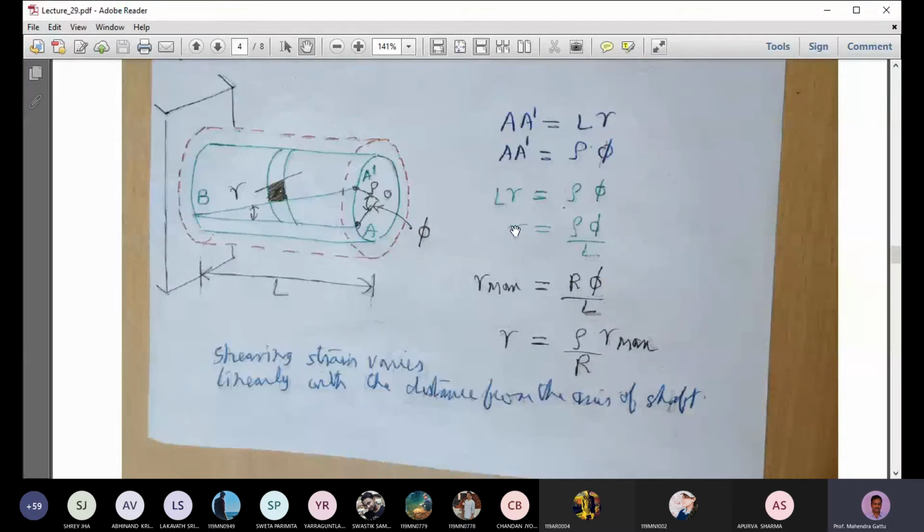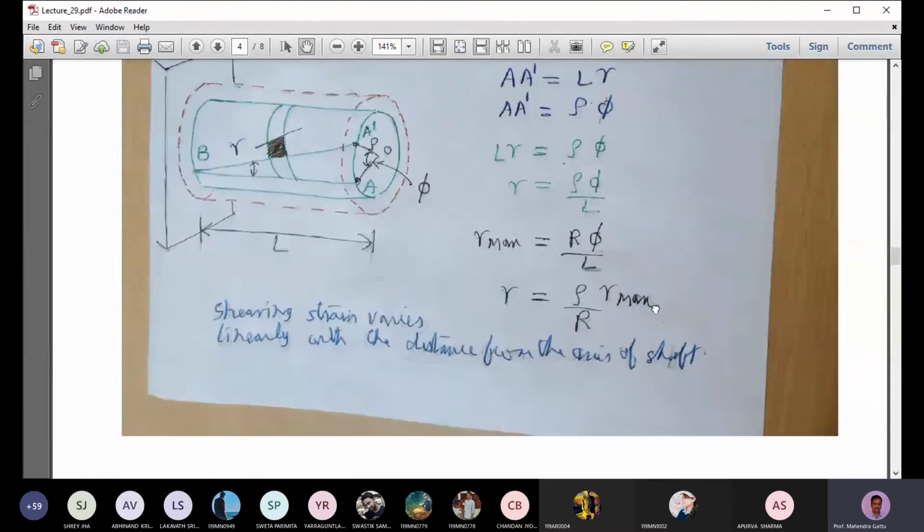So we can divide these two equations, left hand side and right hand side, and we will get gamma by gamma max is equal to rho by R. So gamma will be rho by R times gamma max. So the shearing strain varies linearly with the distance from the axis of the shaft. This is the axis of the shaft, which coincides with the center O. As you move farther and farther away, the shear strain will keep on increasing, and at the outermost circumference, you will get the maximum shear strain.